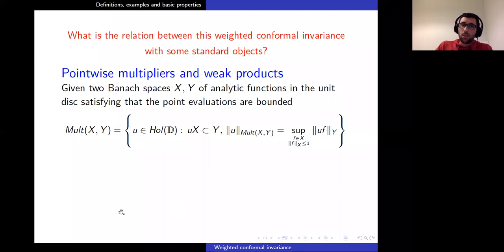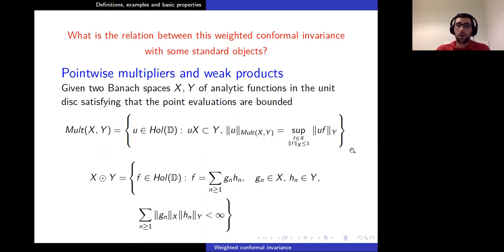With this hypothesis, we can define the space of pointwise multipliers from X to Y as the space of all analytic functions u in the unit disk such that u times any function of X belongs to the space Y. And we can equip this space, for example, with this norm. On the other hand, we can define the weak product of X and Y as the space of all analytic functions in the unit disk with the representation such that this infinite sum is finite.